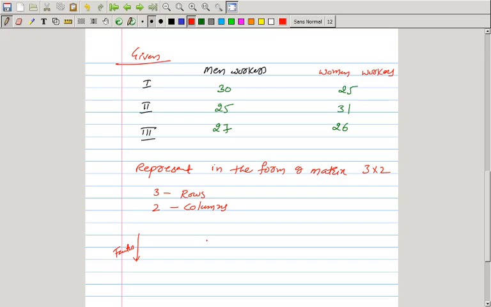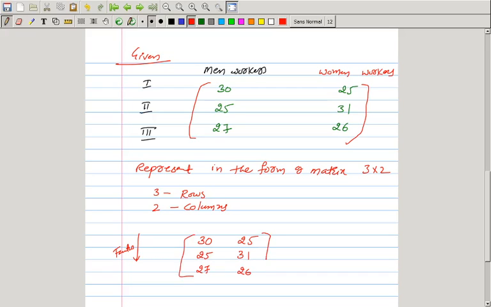So you can see if I express this information in the form of a 3 into 2 matrix, I'll get it as 30, 25, 25, 31, 27, 26, right?